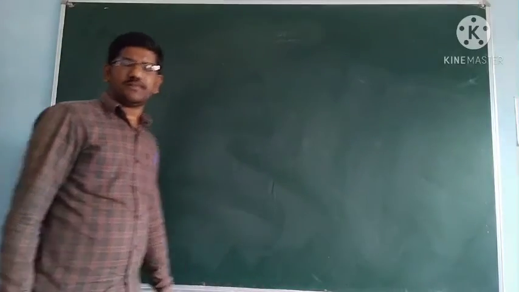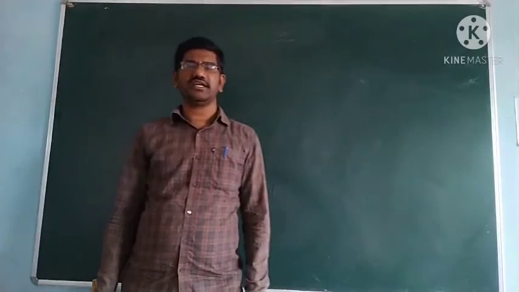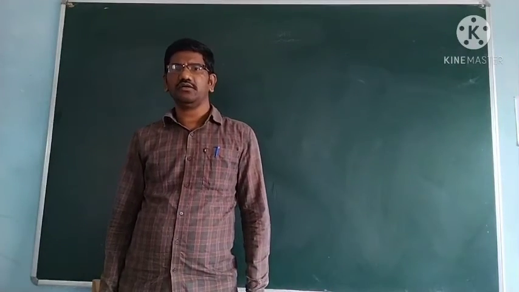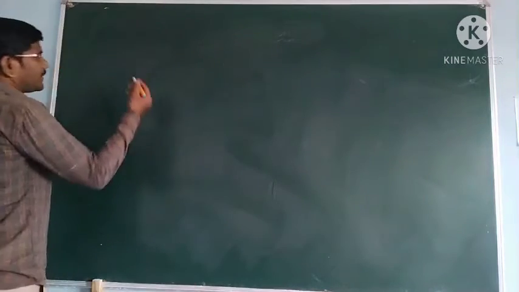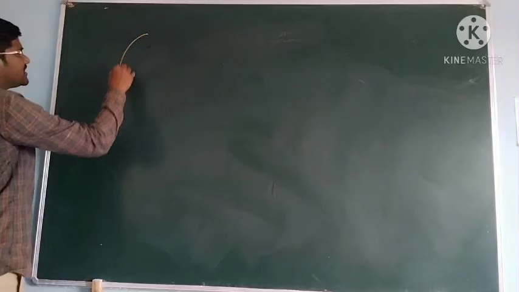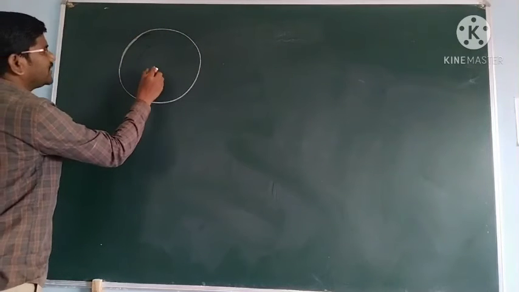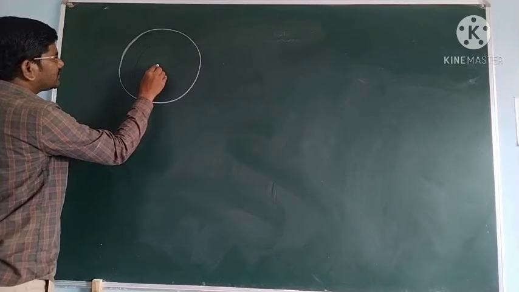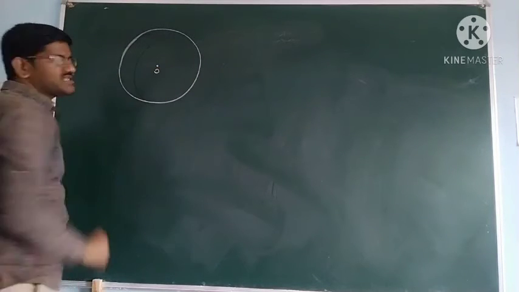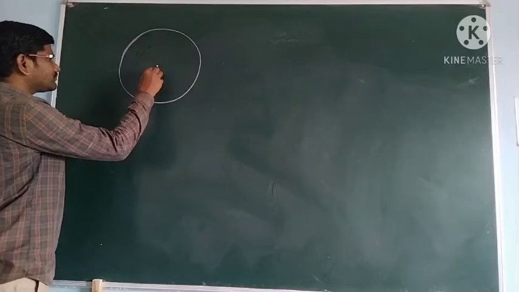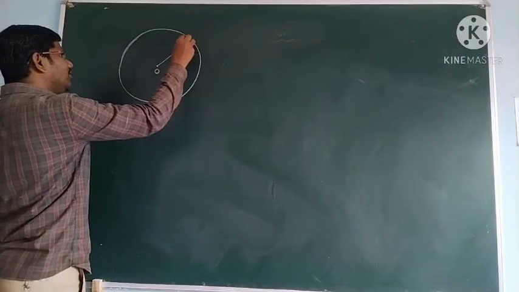Okay, students, how to find distance and displacement when the particle moves on a circle? We are going to discuss now. Okay, students, see, this is a circle and the center of the circle I am taking O. O is the center of the circle, and the line joining from center to any point on the circle is called radius.